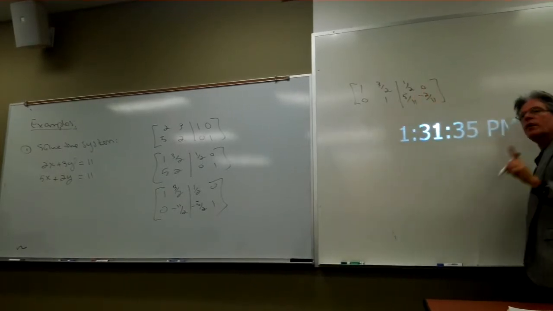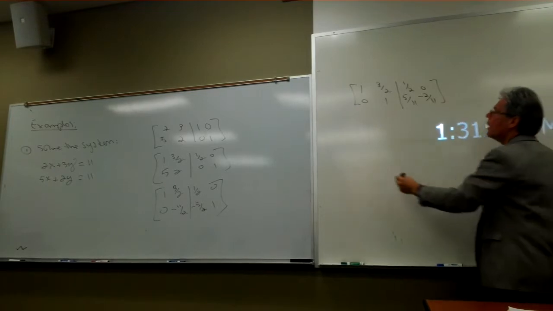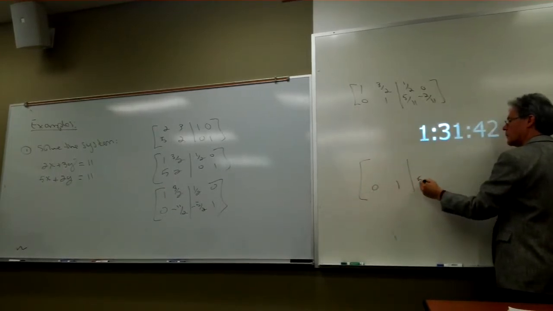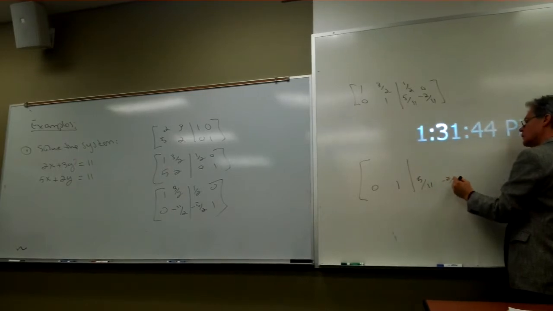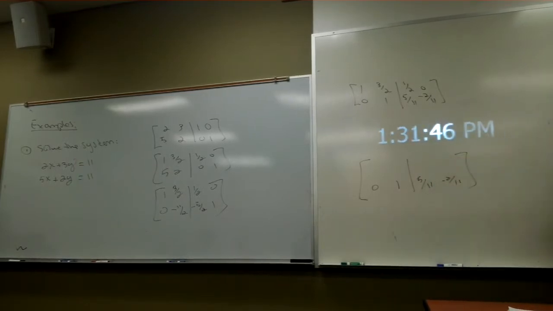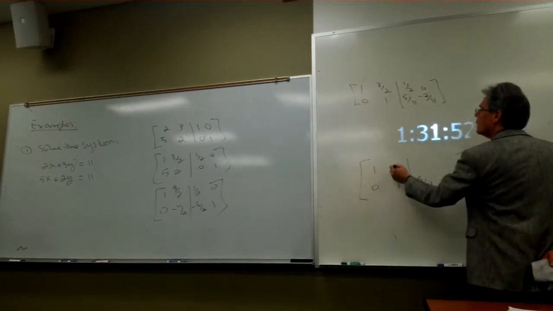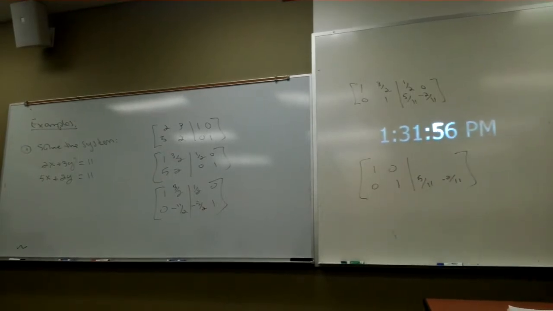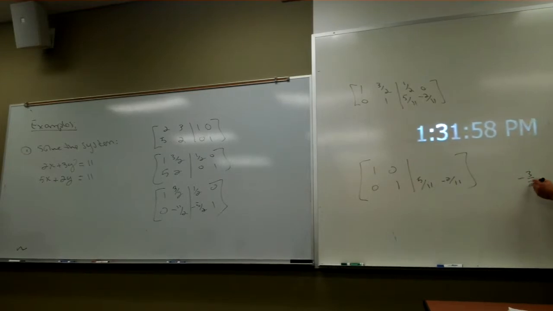Oh, you guys, I'm one step away from finishing. I will now take the second row, multiply by, whoops, negative 3 halves, add it to the first row, use the results as my new first row. That's going to generate this. 1 and a 0, and then I have no idea what's next. Negative 3 halves times 5/11 plus 1 half.